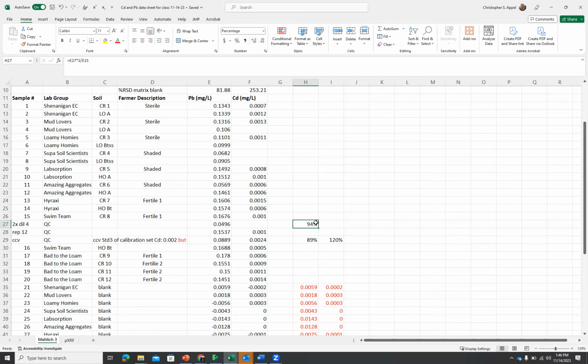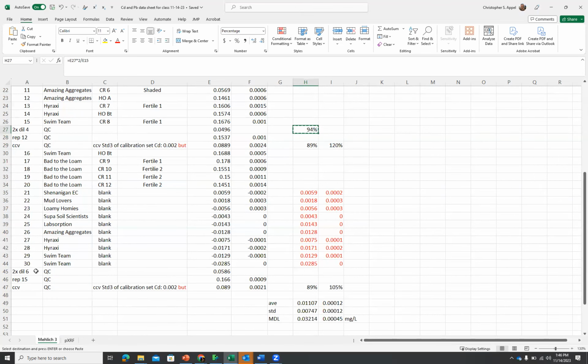So even though it's not going to be totally right yet, I'm going to copy that formula and I'm going to scroll down to the next time I did a dilution, which is in Excel row 45. So I'm going to paste that there, and it's not going to be correct because the sample that we diluted was sample number 6, right?